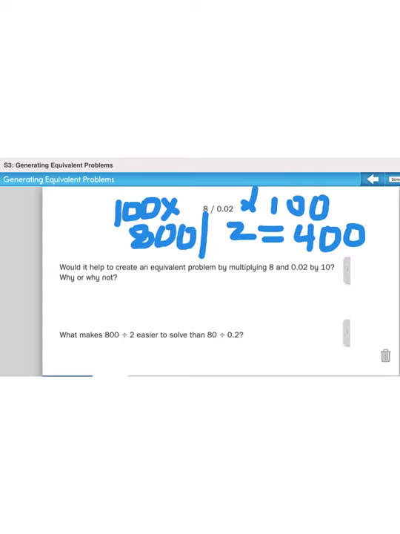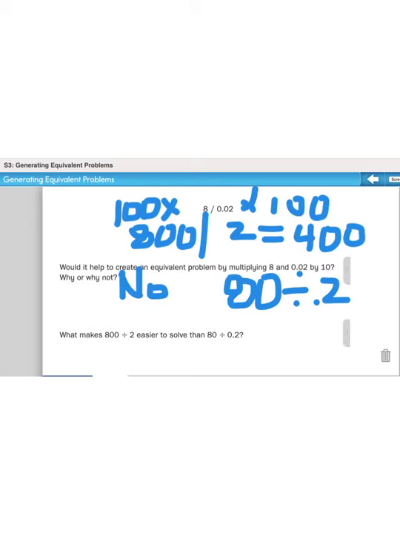So that tells us that 8 divided by 2/100 also equals 400. Would it have helped to create an equivalent problem by multiplying 8 and 2/100 by 10? Why or why not? Well, the answer is no, that would not have helped us, because the problem would become 80 divided by 0.2, which is still a decimal divisor.